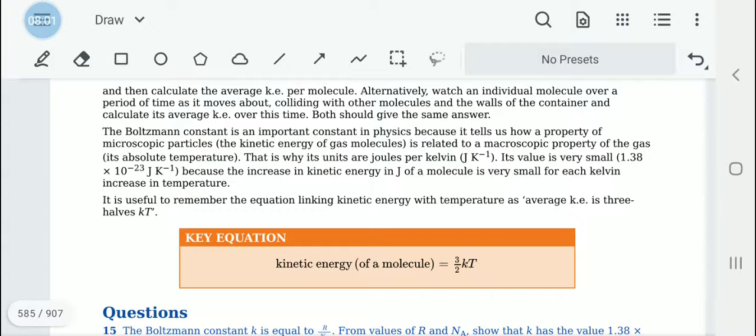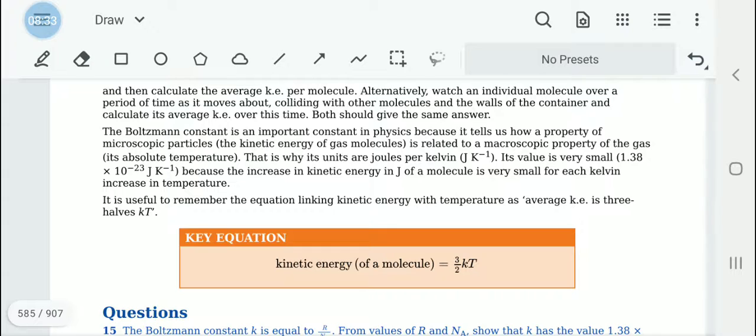Then the Boltzmann constant is a very important principle in physics because it tells us how microscopic particles provide the macroscopic properties of a gas. That is how the behavior of singular particles gives out properties such as temperature.